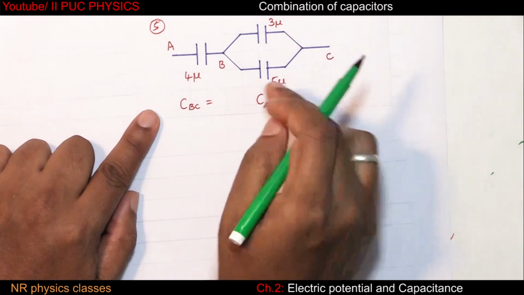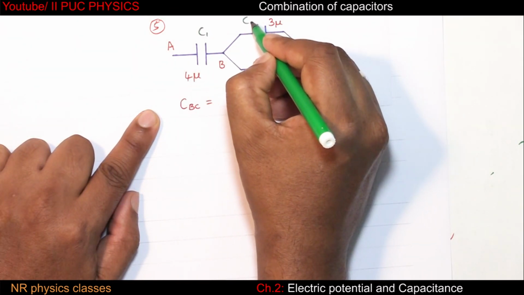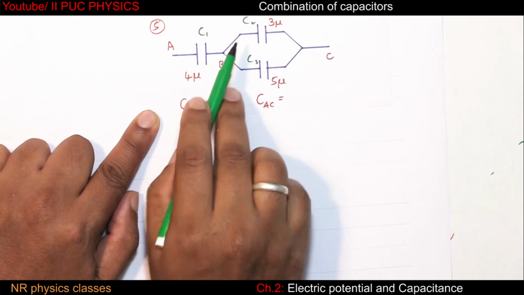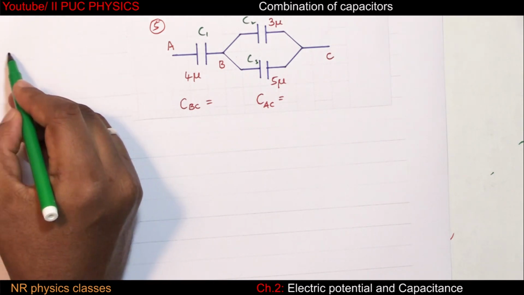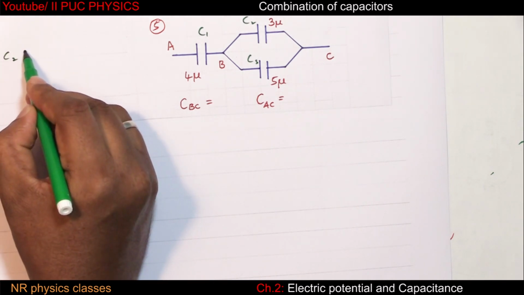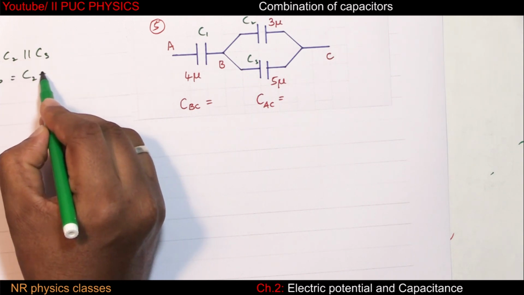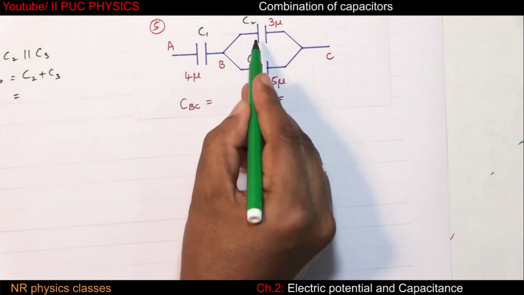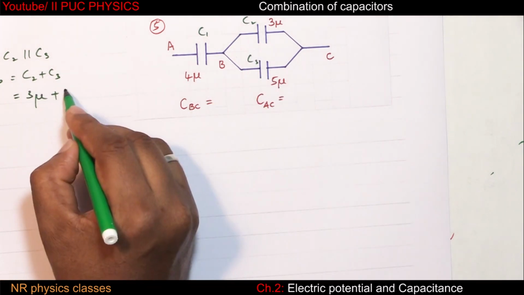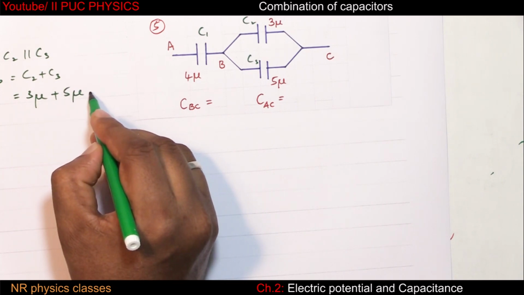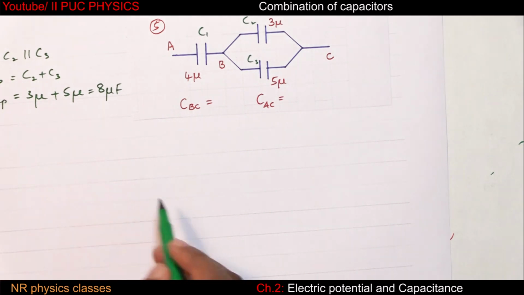So let me label, it will be easier. This is first capacitor C1, C2, C3. C2 and C3 are parallel. C2 parallel to C3, therefore CP equal to C2 plus C3. C2 is 3 micro plus C3 is 5 micro equal to 8 microfarad, CP.